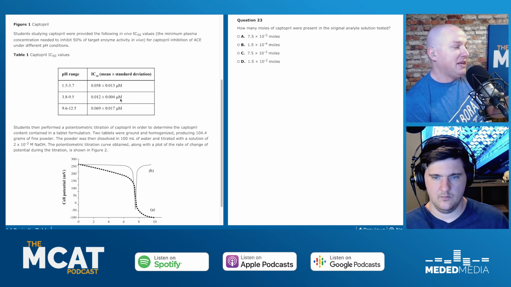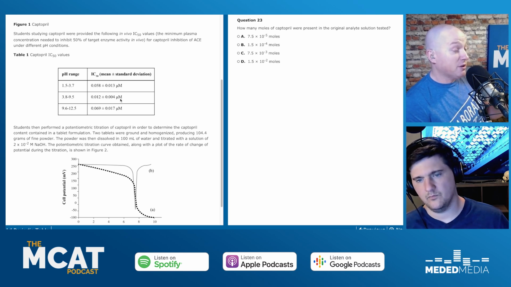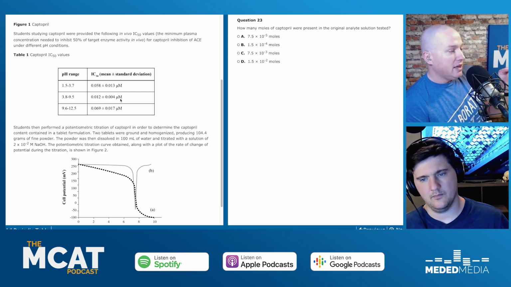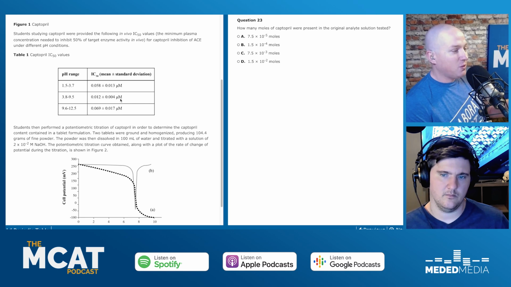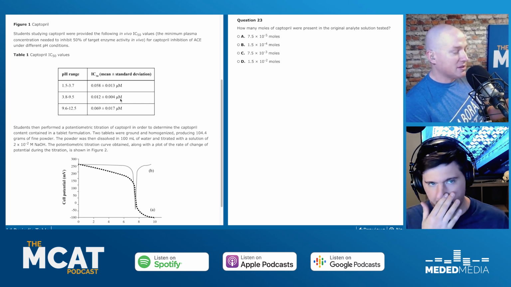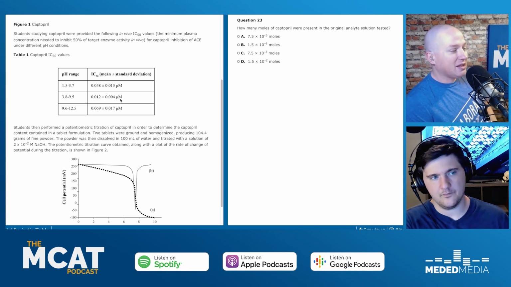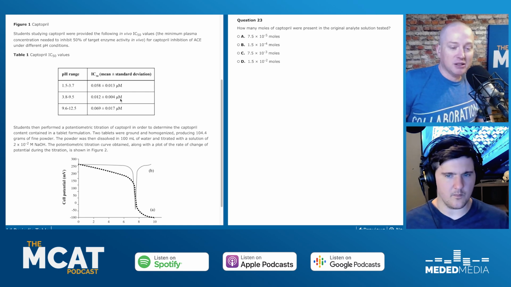In the middle pH range, it's much lower, at 0.012. And then at the higher pH range, 9.6, it goes back to where the other one was, at 0.069. So it's got this weird curve of how that looks.